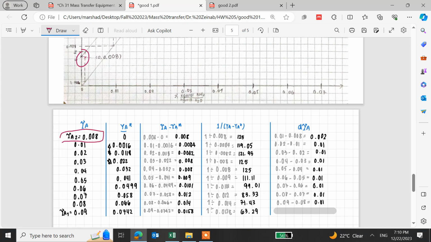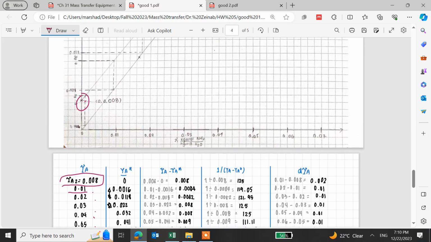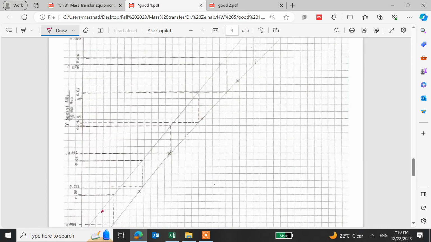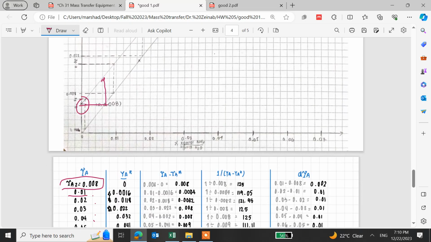This is fixed, right? So the next interval we can select as we want. Here it is 0.008, then 0.01, then with an interval of 0.01 it goes up to 0.9. So for example, you read 0.01 on the y-axis. This is the operating line, right?